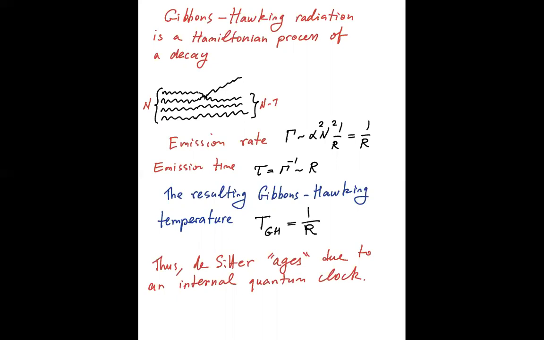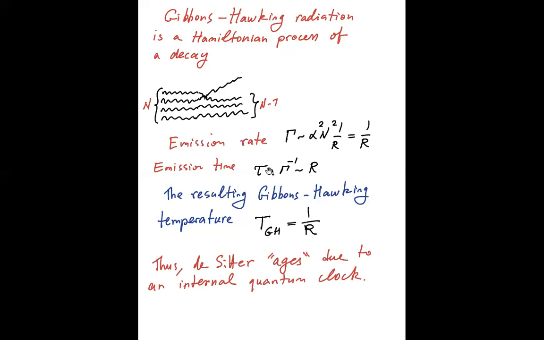But now we know that the S-matrix is telling us that de Sitter cannot be a vacuum. It's a coherent state constructed on top of the Minkowski vacuum. So Gibbons-Hawking radiation comes literally as a decay, a depletion of this coherent state. At initial times, it's a Hamiltonian process of depletion. Literally, the de Sitter coherent state decays, and the Gibbons-Hawking radiation is a result of this decay.